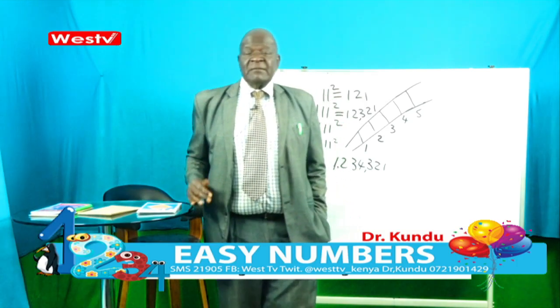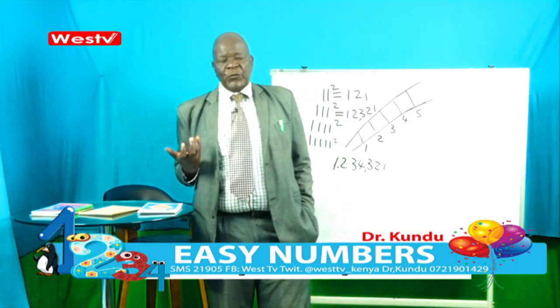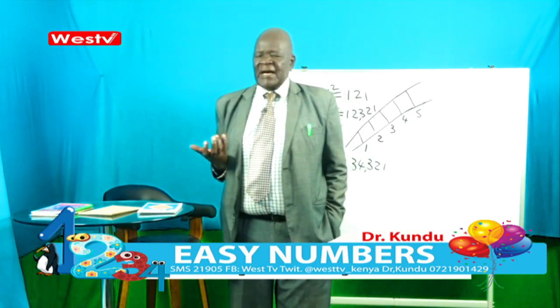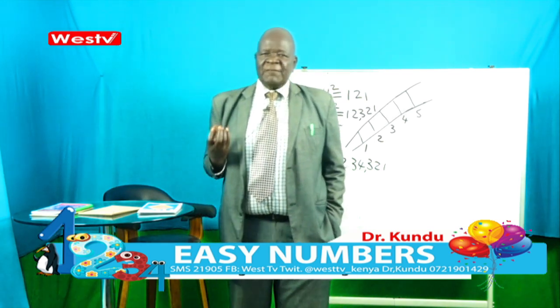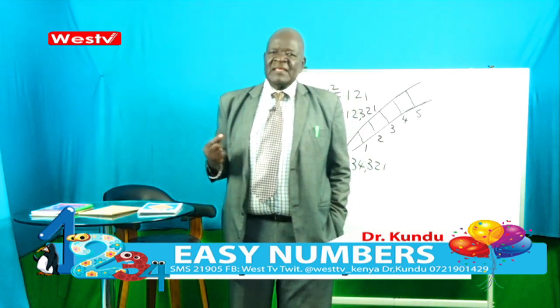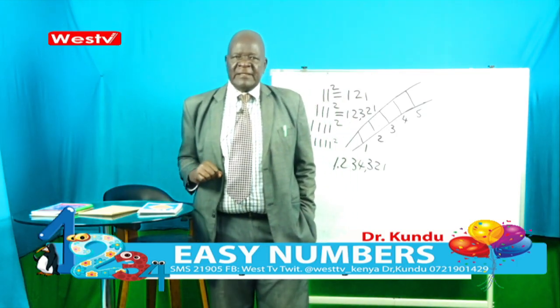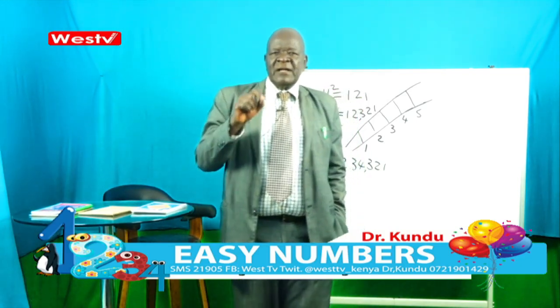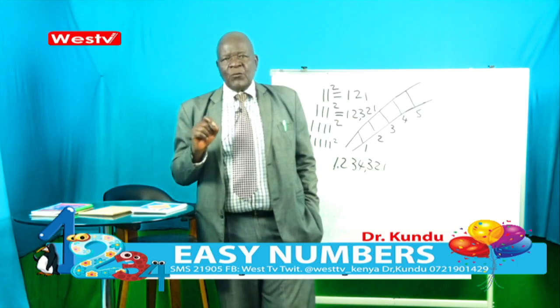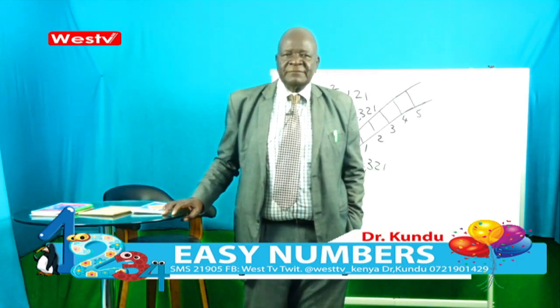So suppose somebody asked me to square a number that has 6 ones. In mathematics, that number is read as 111,111. So you come up and ask me, what is the square of 111,111?